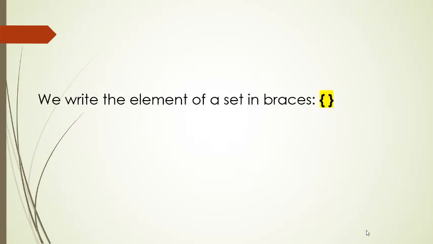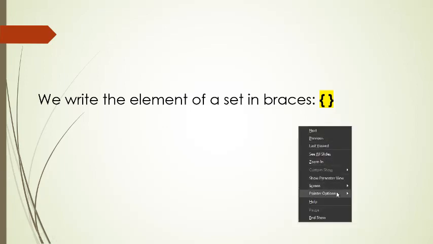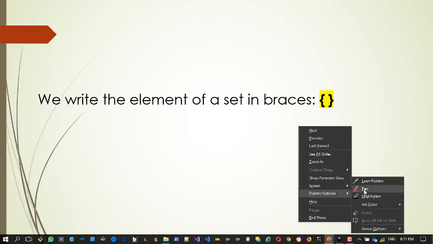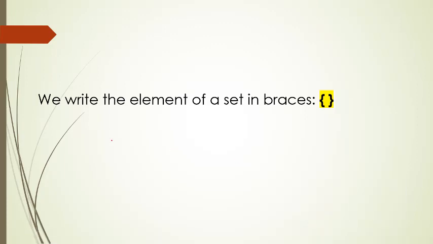We write the elements of a set in braces. This is what we do, guys. For instance, if you have a collection of Naruto books, volumes 1, 2, and 3, and you want to write the elements of your set, you are going to put every single element between braces. For instance, this is my brace.